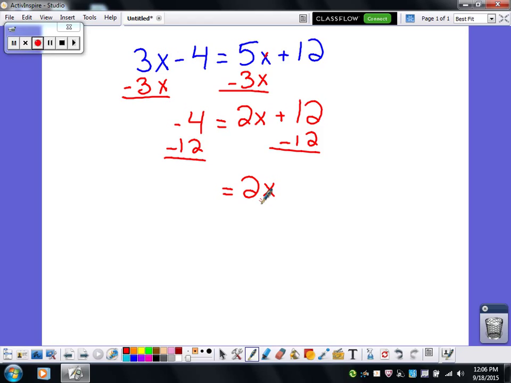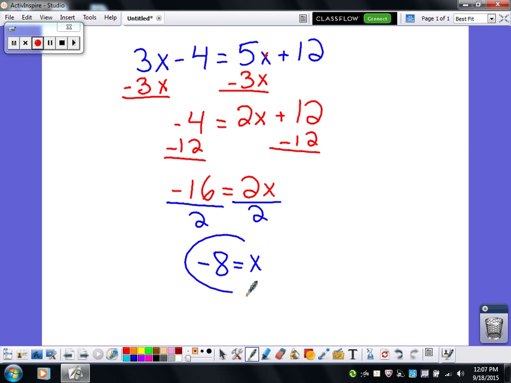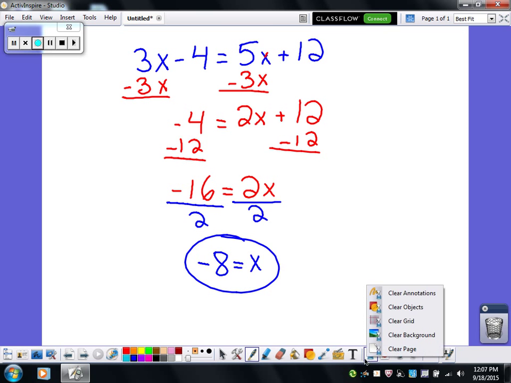Negative 16. Now what? How do I get x by itself? Divide by 2, and I get negative 8 equals x. Any questions? If I plug negative 8 back into the original equation, it would work.